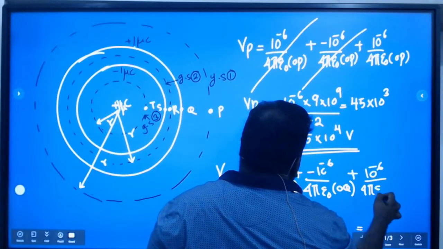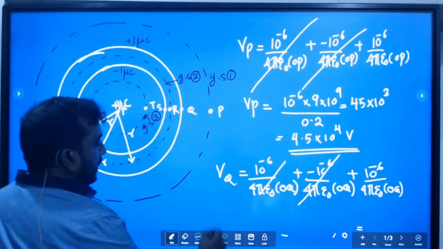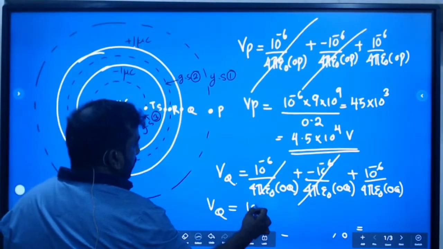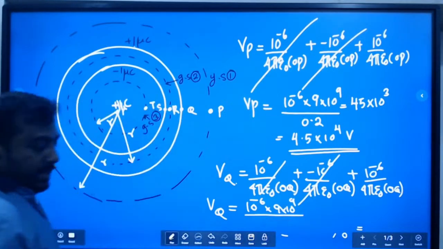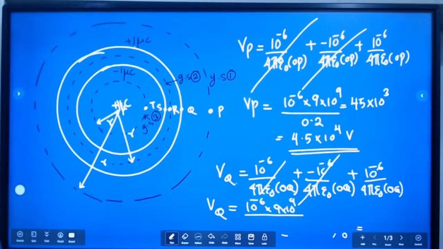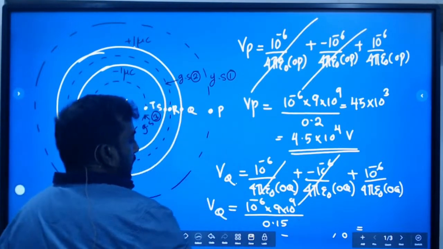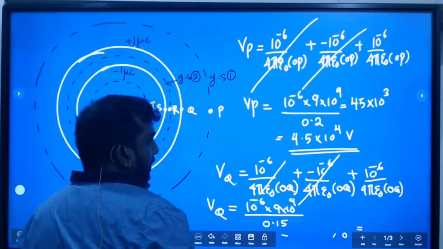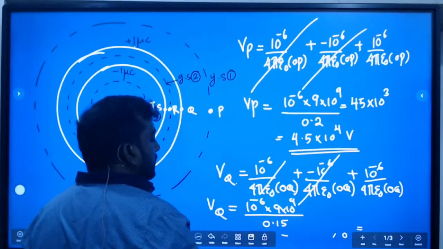These two cancel out. Potential at Q is 10 to the power minus 6 times 9 times 10 to the power 9 divided by OQ distance. OQ is 15 centimeters, 0.15. 900 divided by 15. How much? 60.